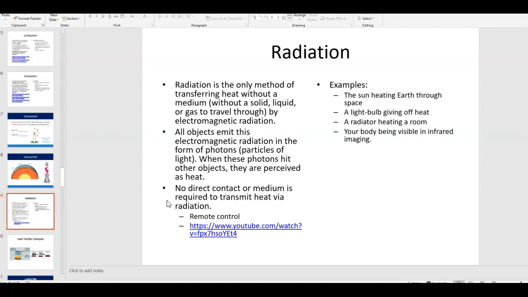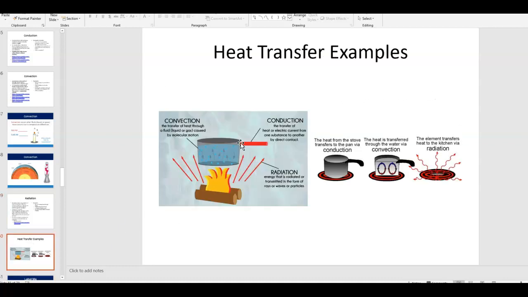Now, just to see a few more examples, on this slide we can see a pan being heated by conduction, convection, and radiation. Conduction is the handle getting hot, because remember, conduction involves atomic collisions in a solid, and because the handle is a solid, obviously heat can transfer by conduction there.